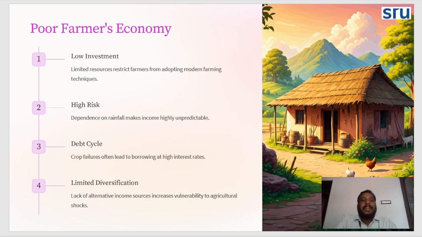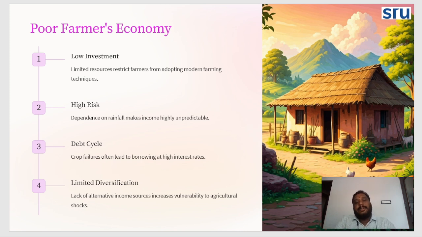The next is limited diversification. Lack of alternative income sources increases vulnerability to agricultural shocks. When farmers are completely dependent on cropping only, if there is erratic rainfall or unequal distribution, they will be easily affected.